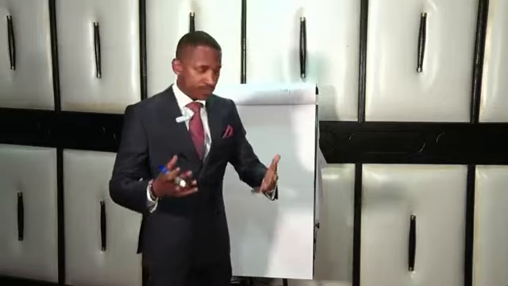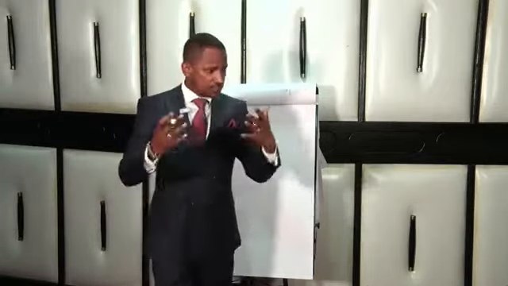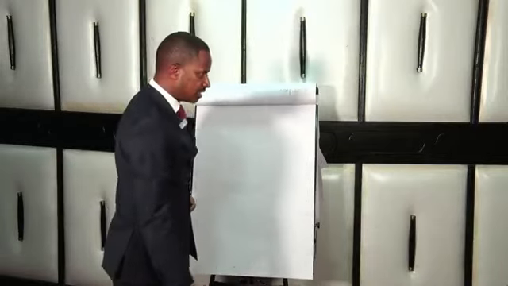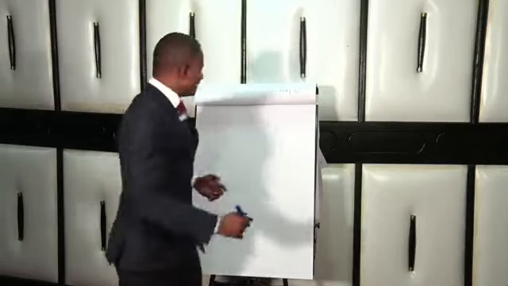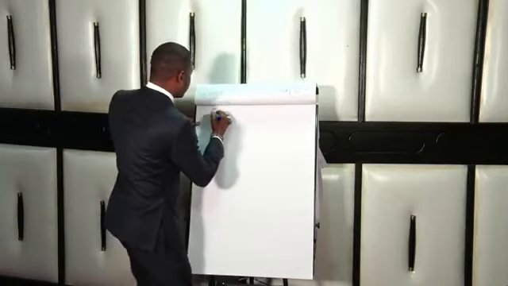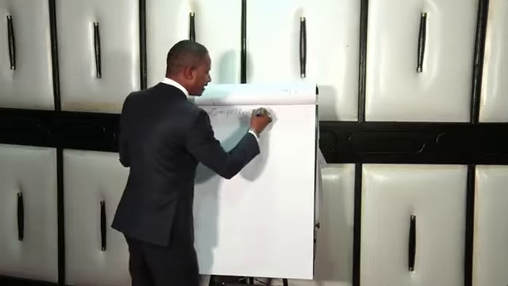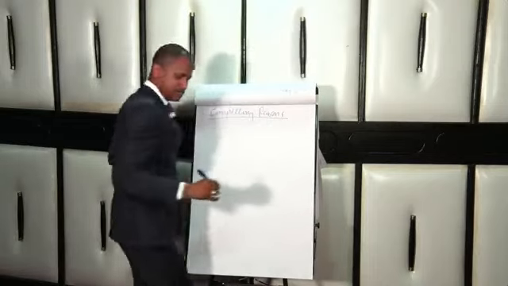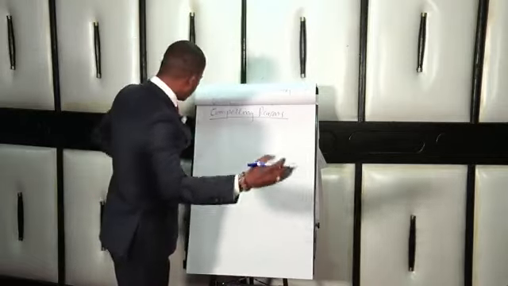Therefore, they must convince the court beyond reasonable doubt that there are compelling reasons, and I urge you to read the bail and bond policy guidelines, that there are compelling reasons, and they want to tell the court that because of these compelling reasons, we cannot release an accused person to be out on bail or bond.